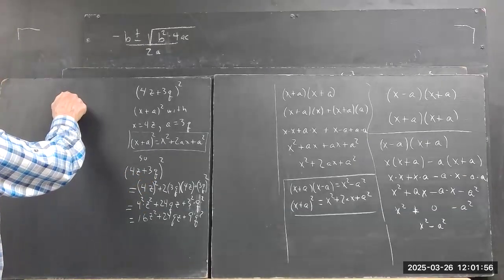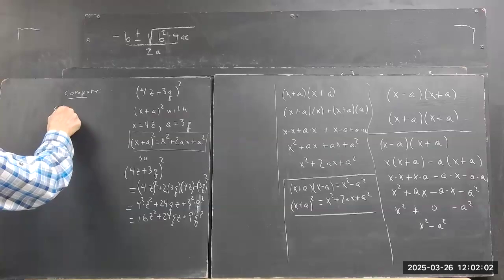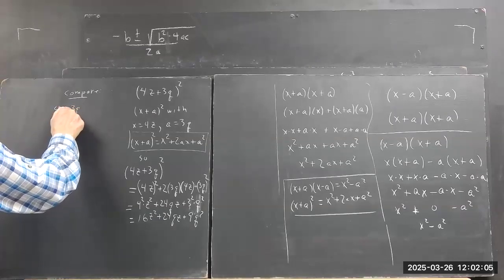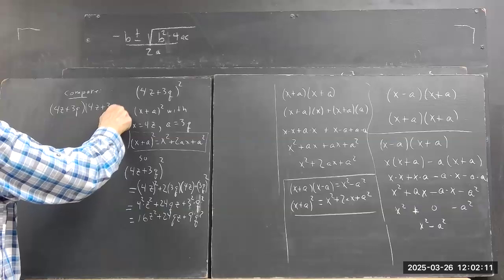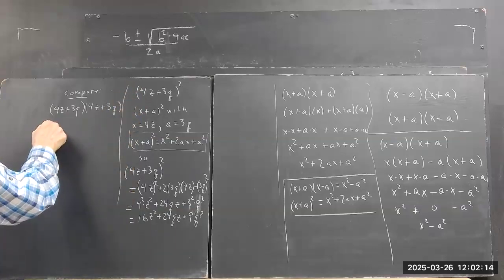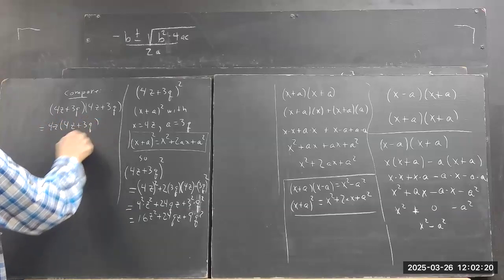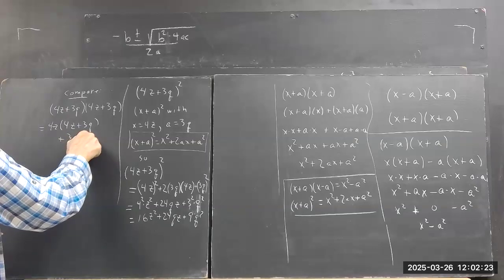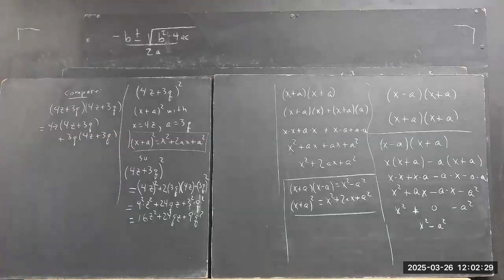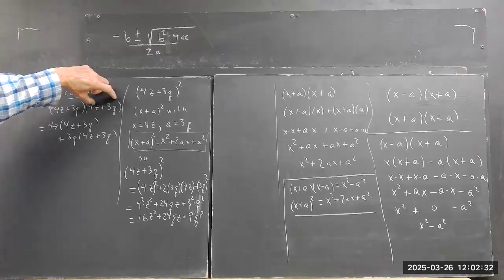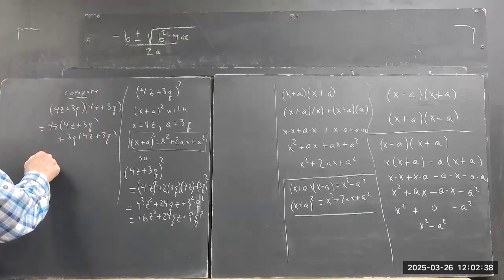Okay, compare. Now, I'm writing this out kind of fast. But I've chosen to do 4z times 4z plus 3q, plus 3q times 4z plus 3q.